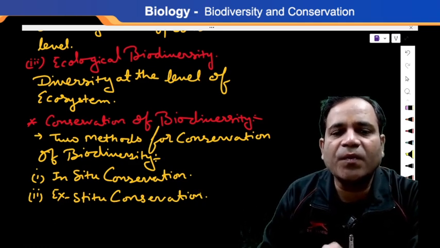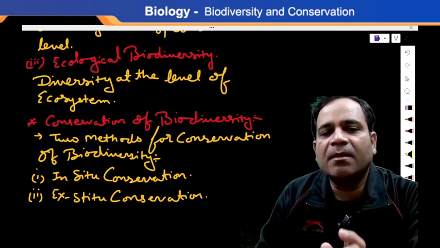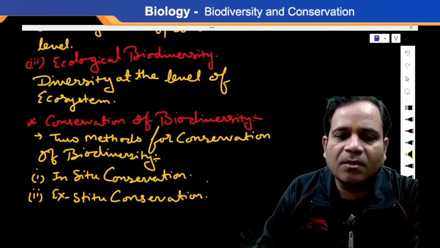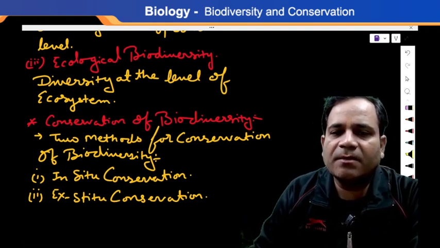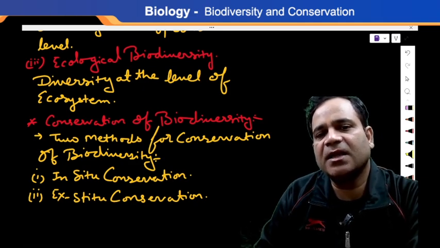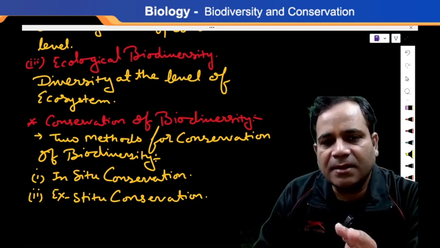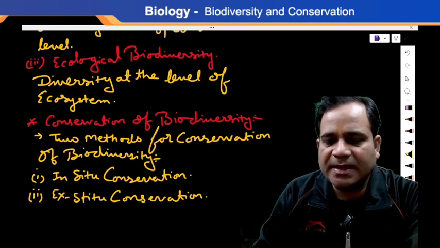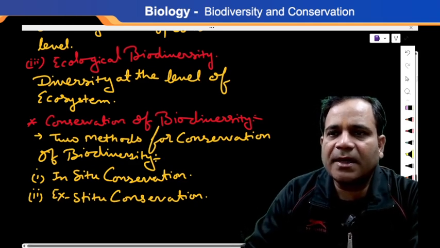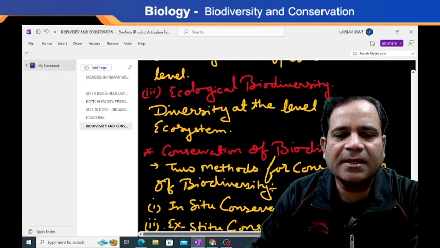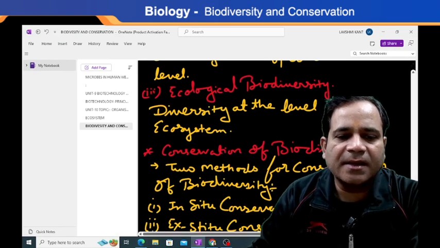So there are two ways that we conserve this biodiversity. Now I'm going to tell you in detail how we conserve biodiversity through NCERT material. Let's check through NCERT what is written here, and after that come to this point.